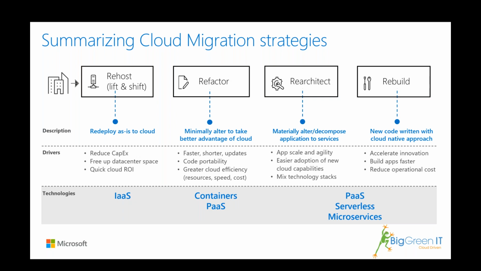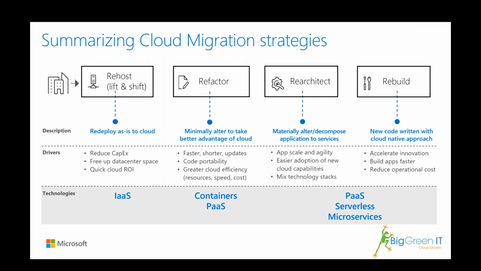And then re-architect and rebuild. Oftentimes these are kind of combined into one, because if you desire to re-architect as is in Azure, you're likely going to rebuild and just start to do more platform as a service, serverless, microservices. But if you see any of these words or terminologies, this is really what they're being referred to in the Azure migration environment.